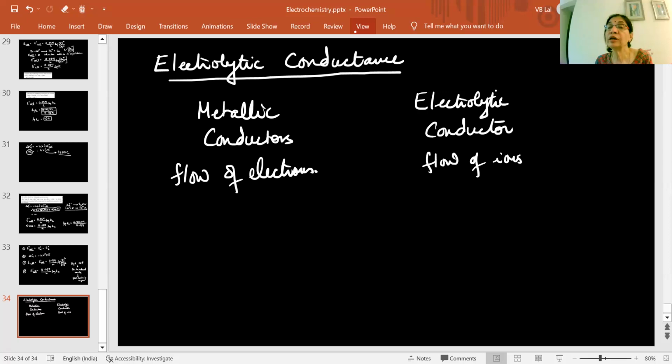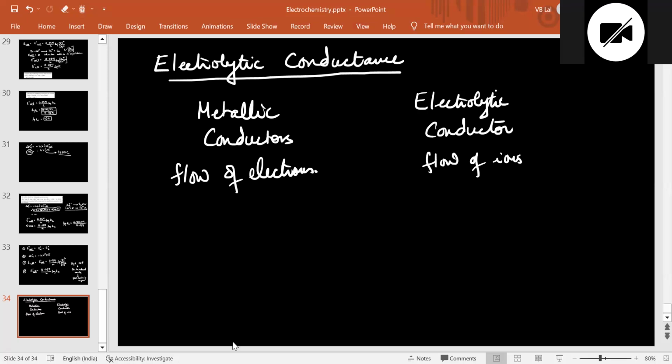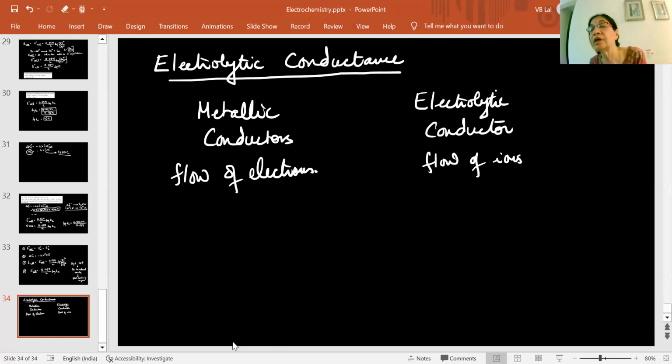So you will realize, when I try to pass current through it, that means in a circuit, I put a bulb. If I put it in sugar solution, the bulb will not light. If I put it in sodium chloride, then the bulb lights brightly. And if I put it in acetic acid solution, the bulb lights, but it lights very dimly.